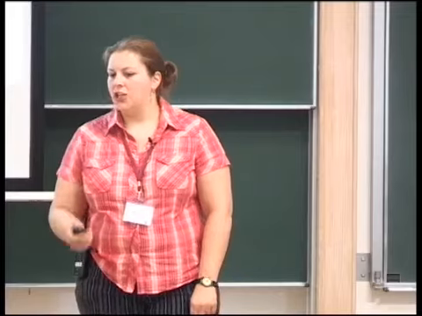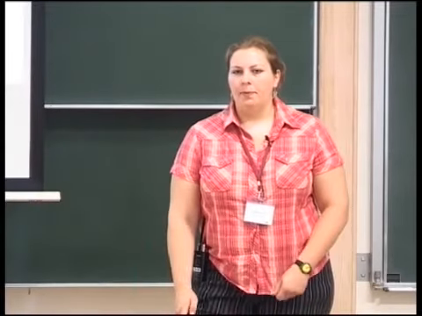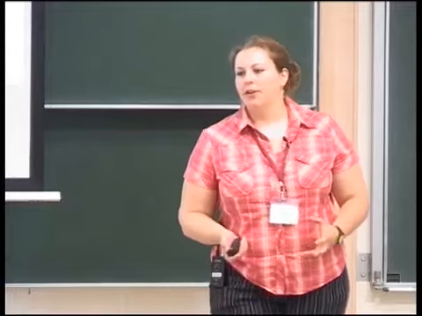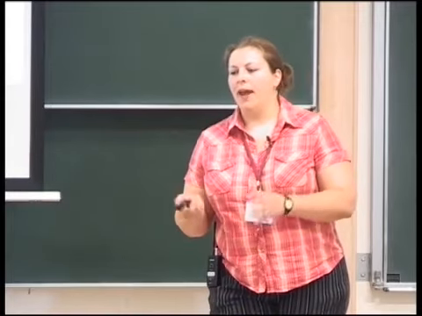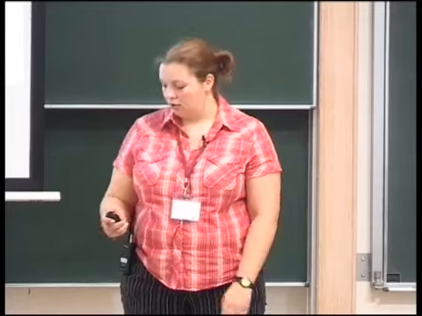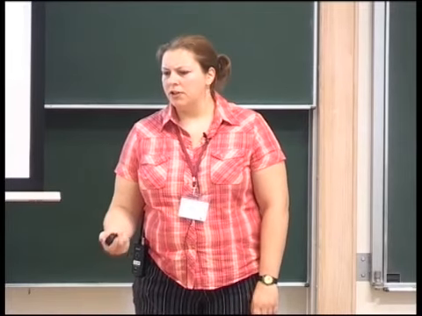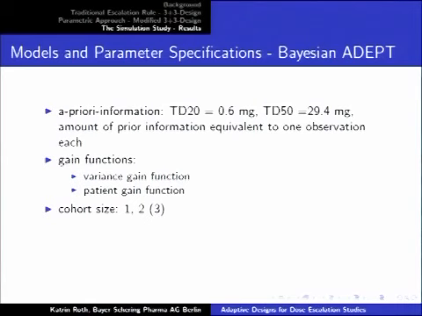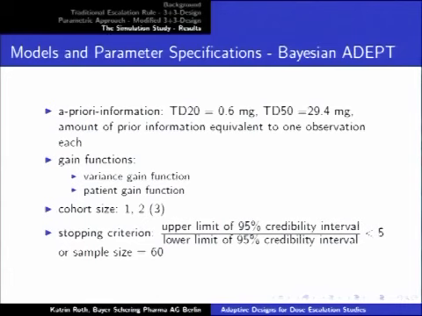And with the patient gain function, the gain for the next cohort of patients is optimized. I consider different cohort sizes, 1, 2, and 3. I'm only going to present results for 1 and 2 here. And then I took the default stopping criterion that is related to the width of the confidence or credibility interval of the estimators.